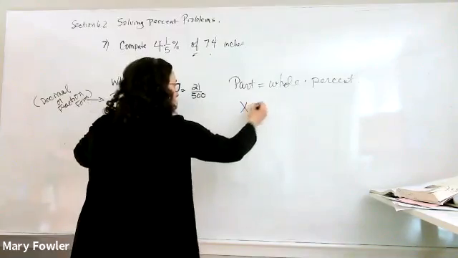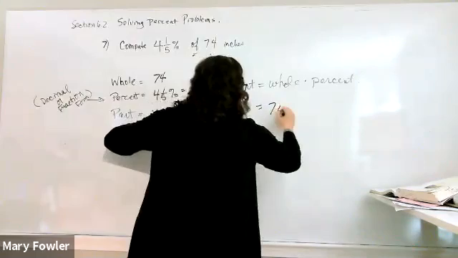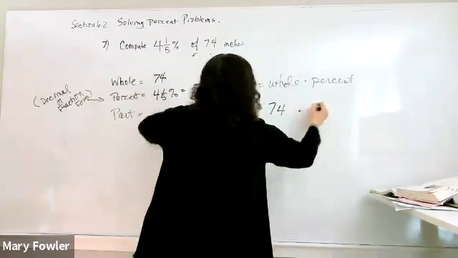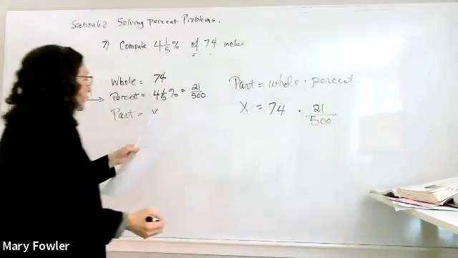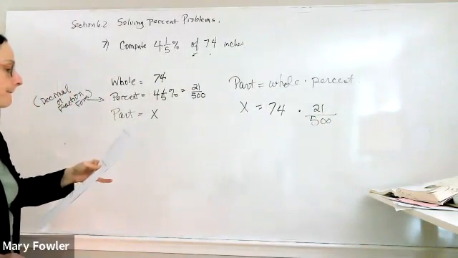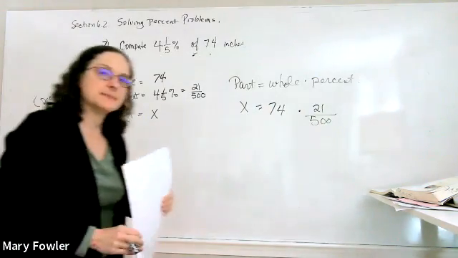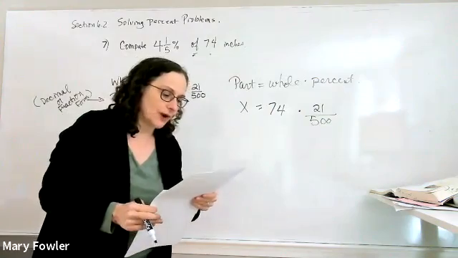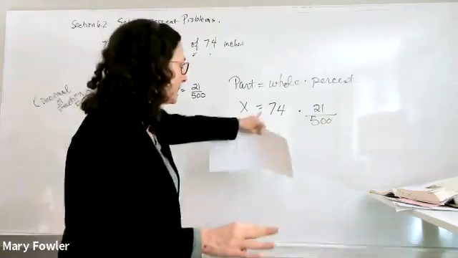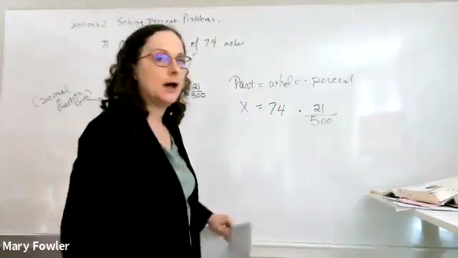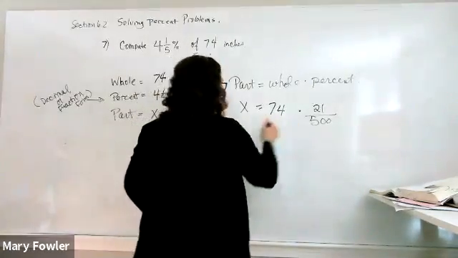Part is the unknown, so x is equal to 74, that's my whole, times 21 over 500. Okay. And actually in the problem statement, I didn't mention it, but it does ask to round this to the nearest hundredth. So once we get the multiplication going, we're going to have to do a division problem to express it there.